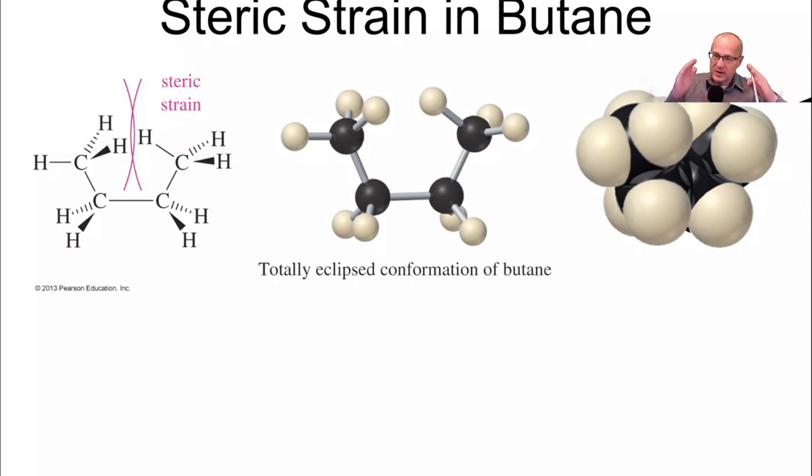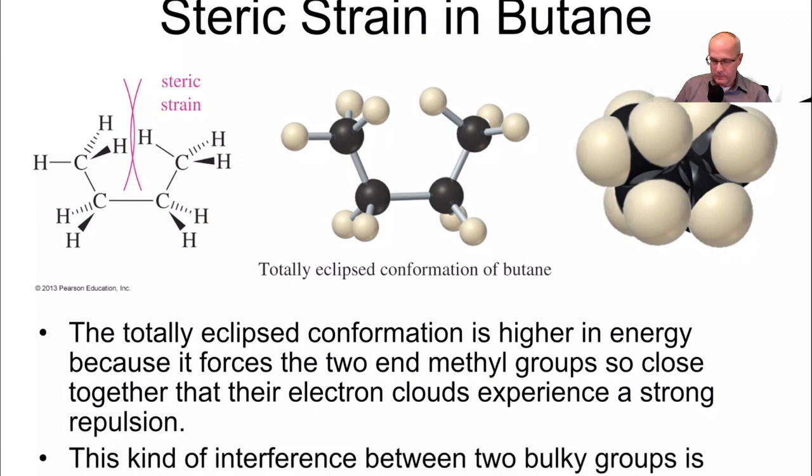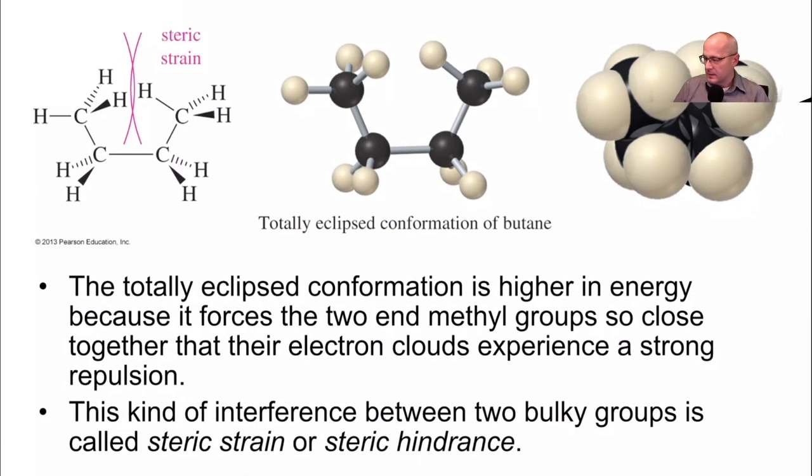When they try to interact in the same area, their energy has to go up because now they're repelling each other. In order to be in that conformation, they have to be at high energy because they're literally repelling each other.